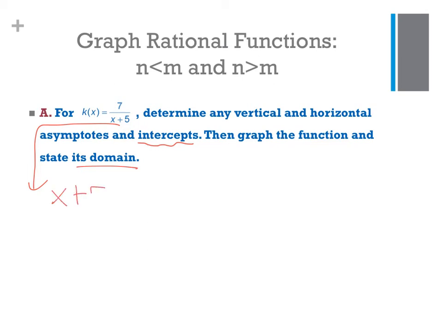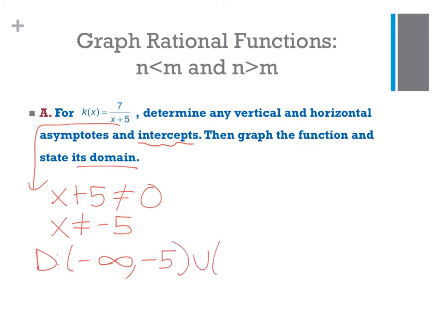I know that x plus 5 cannot equal 0, which implies x cannot equal negative 5. So my domain is going to be from negative infinity to negative 5, union negative 5 to infinity. I also know, because negative 5 is restricted from my domain, that my vertical asymptote is at negative 5. That's where the break in my domain is.